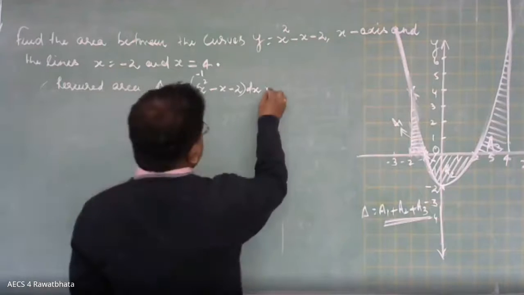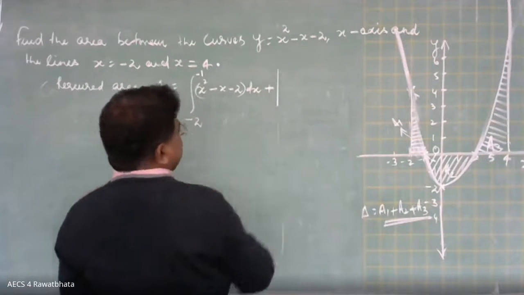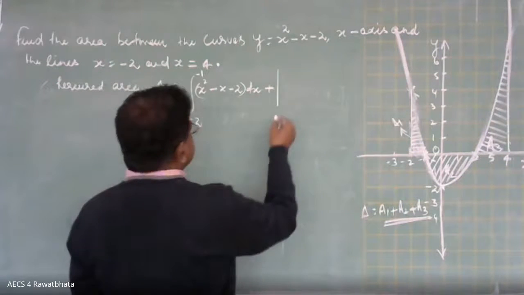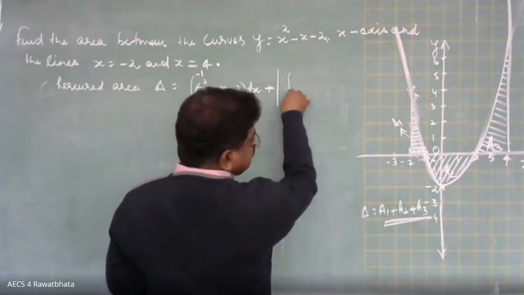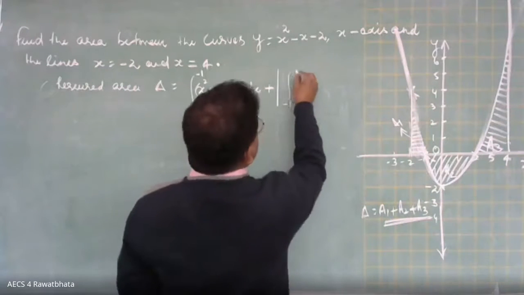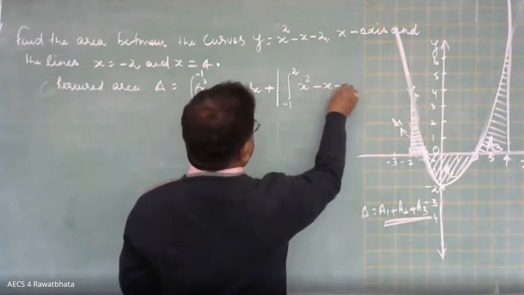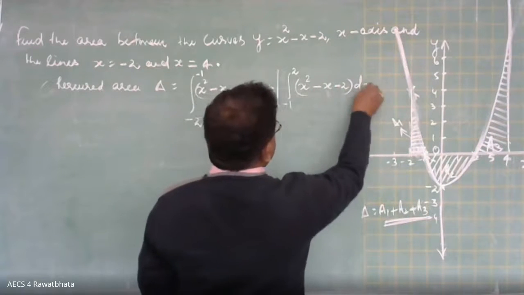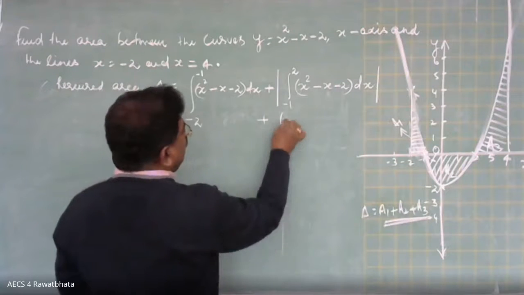And the second one, A2, is plus the modulus of the integration from minus 1 to 2, x squared minus x minus 2 dx, plus 2 to 4.